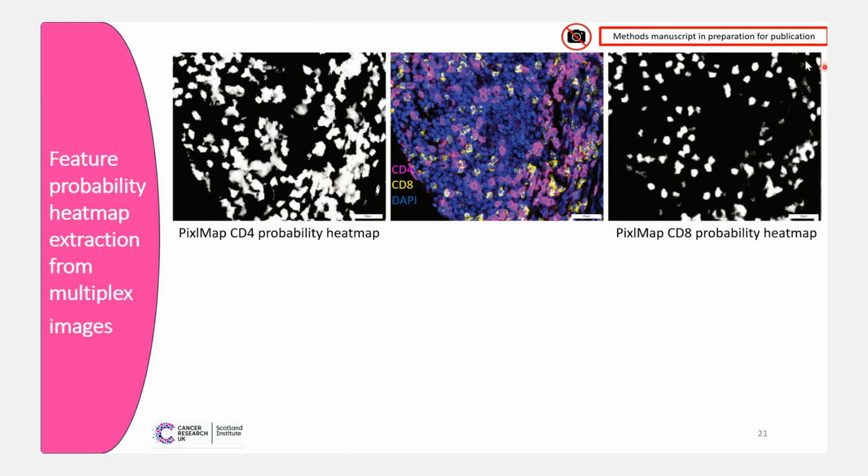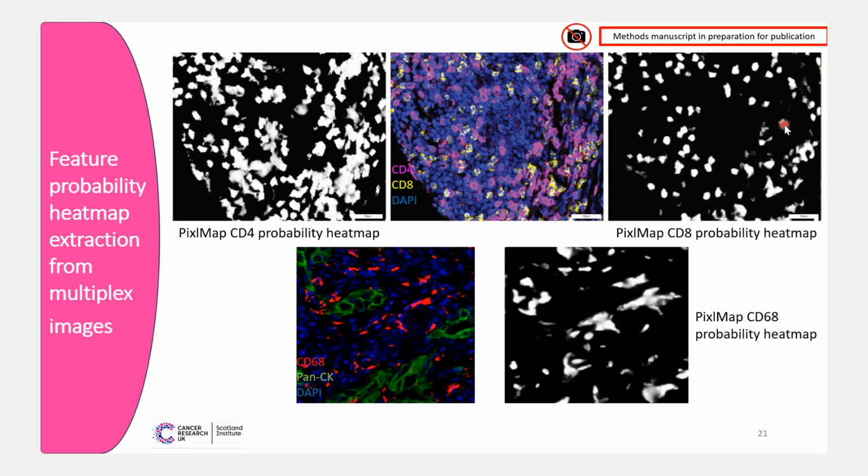And when you input the CD8 into the AI architecture, it extracts the CD8 probability heat map really well as well, despite both cells looking exactly the same and having similar morphologies. It knows the difference between the two because you've inputted the channel into the AI architecture and it's just used the regional pattern information to extract the heat map.